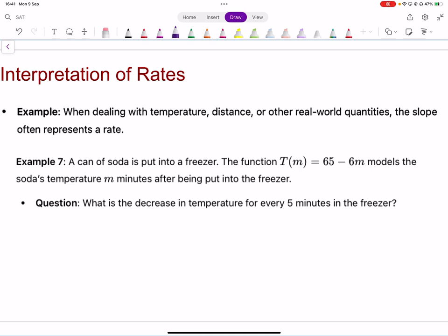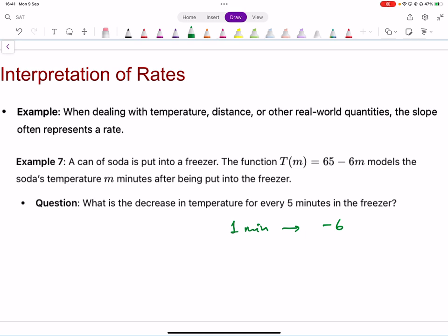T equals 65 minus 6m. What does this gradient represent? For every 1 minute increase, how much does the temperature change? In every minute, temperature decreases by 6. 1 minute mein it decreases by 6.